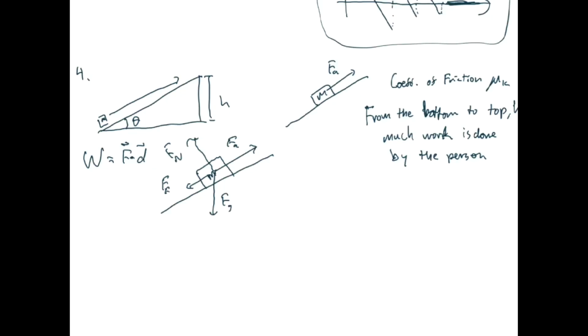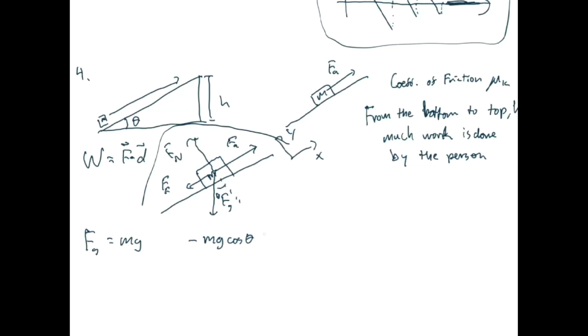Okay. So now let's try to find some of these forces. We know that the acceleration is 0, so we have to balance out all these forces. We know that gravity is going to be mg. And immediately we can balance forces in the vertical direction. So in the vertical direction, gravity has a component of mg cosine theta, and it's downwards, if we make this our x-axis and this our y-axis.